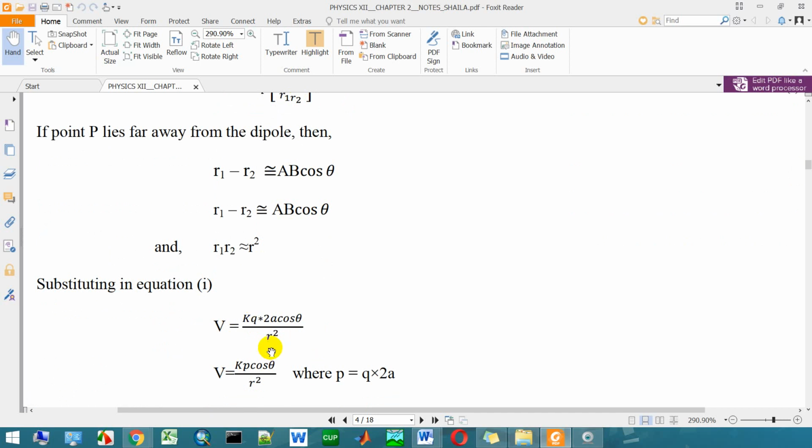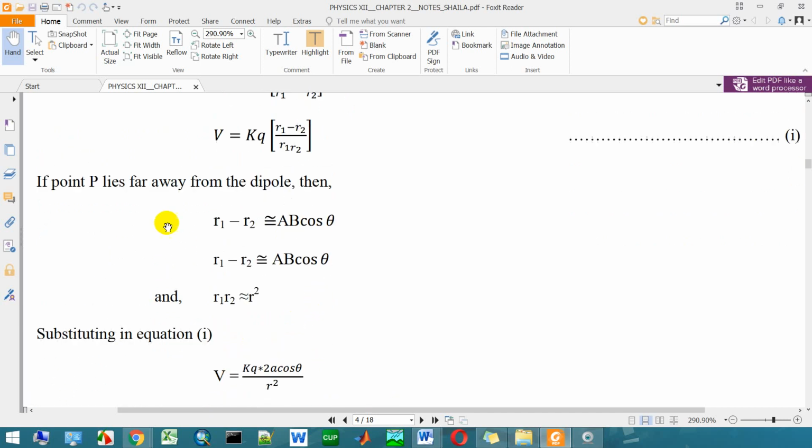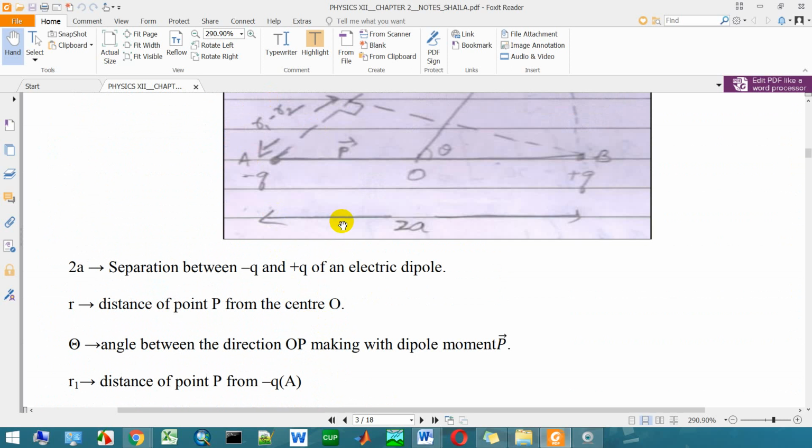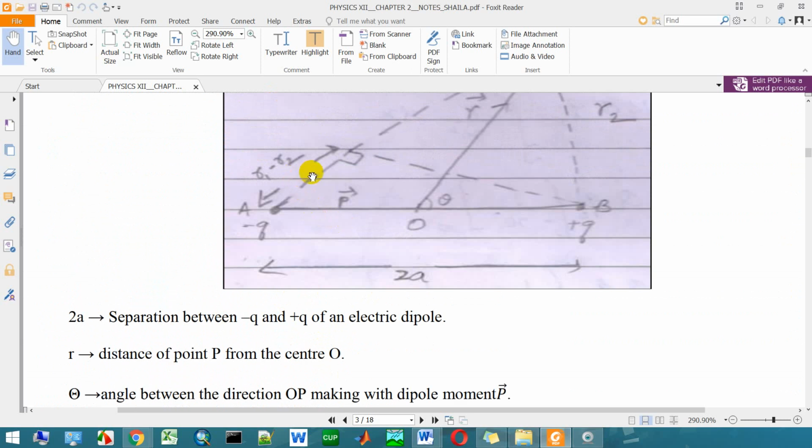So after substituting here, KQ times R1 minus R2, which is 2A cos theta. So by the trigonometrical concept, we get this R1 minus R2 as 2A cos theta. Why? Because in this right angle triangle, A, N and B, this angle is theta, and this angle also is theta, because nearly all the three lines will be parallel.